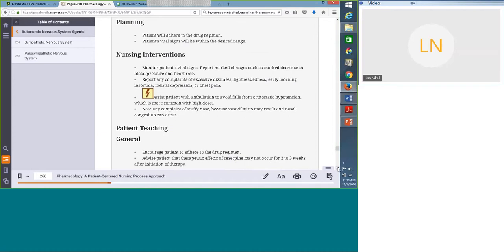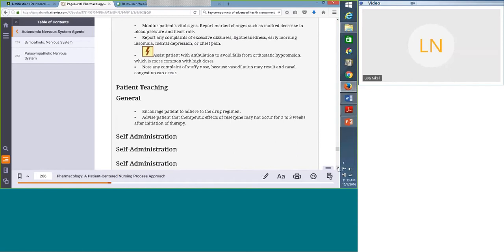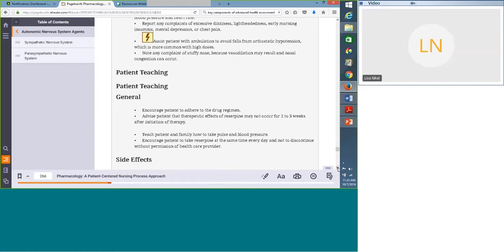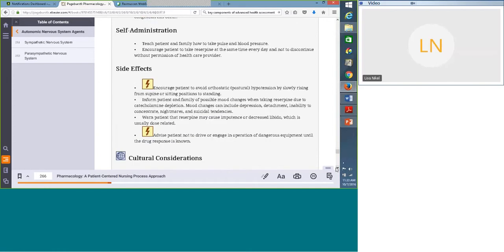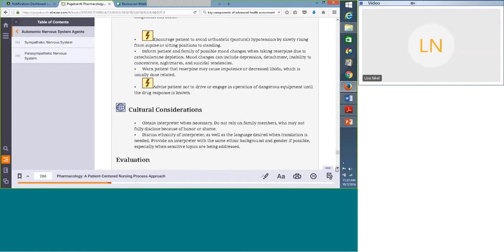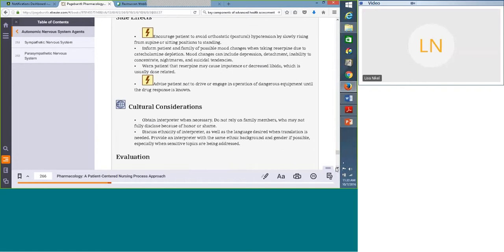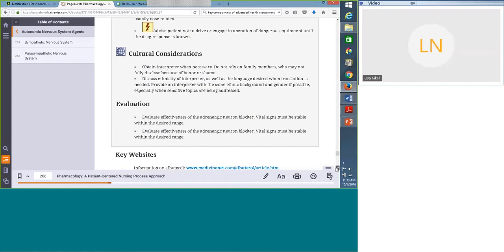Nursing interventions. What are some of the things you should be doing? Patient teaching. And then they usually break it down into different categories. This one has general and patient teaching for self-administration and side effects. Certain cultural considerations, and how are you going to evaluate the drug, okay?